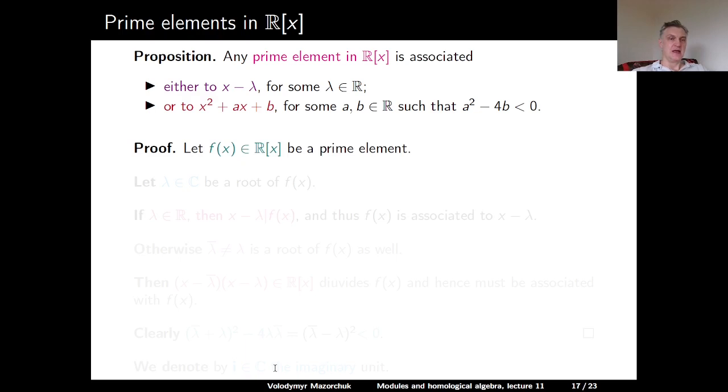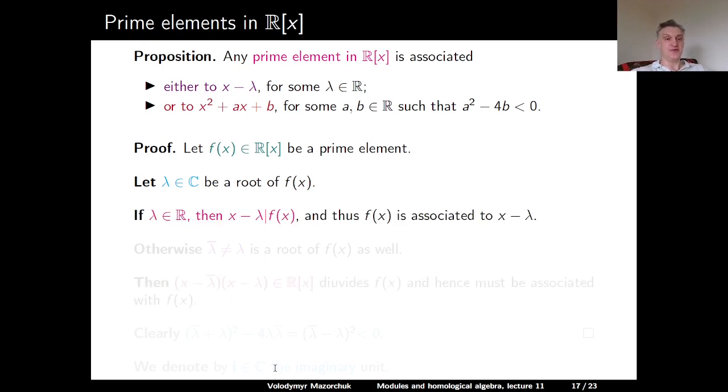Proof: let f be a prime element in R[x]. Let lambda be a root of f(x) in C. Of course, f(x) is a real polynomial, so it is a complex polynomial. It has a root in C. If this root happens to be a real root, then x minus lambda divides f(x). And since f(x) is prime, f(x) must be associated to x minus lambda.